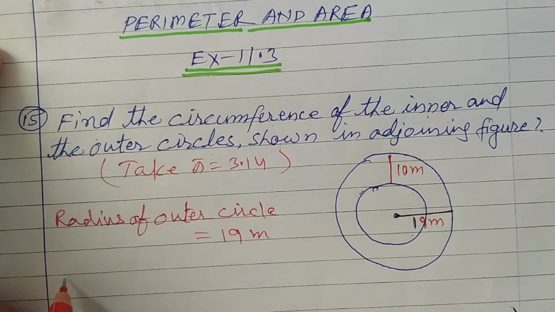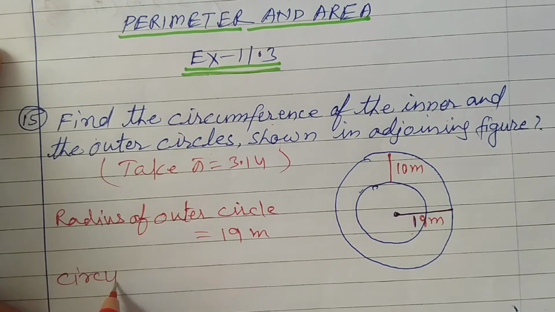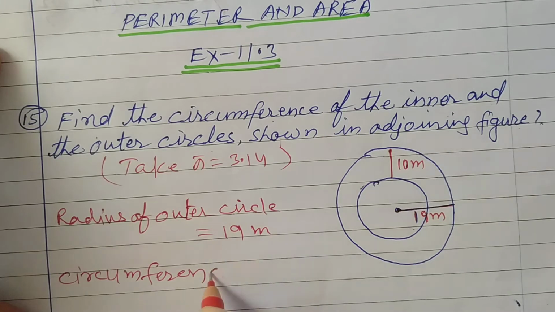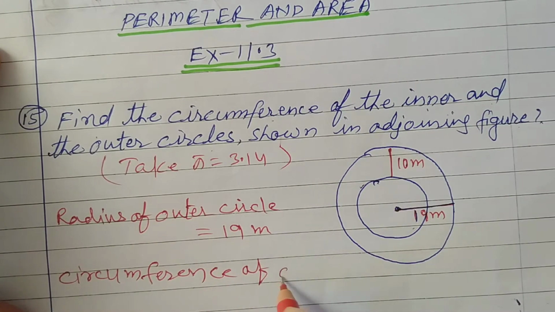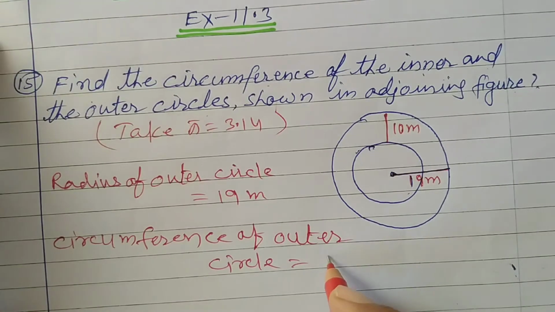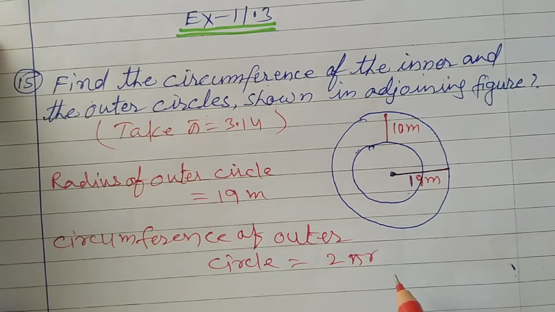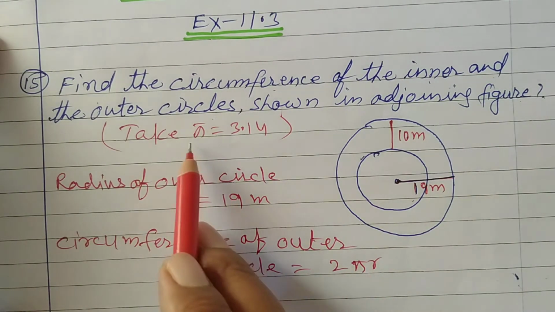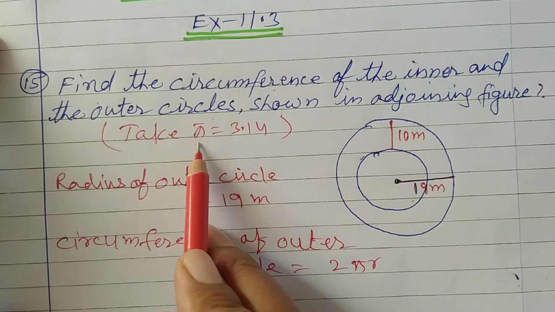So after that we can find the circumference of the outer circle. Circumference of outer circle equal to 2 pi r. This is the formula. In this formula we have to put pi is equal to 3.14 because in this question it is already given pi equal to 3.14.